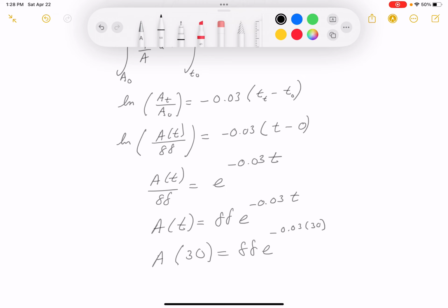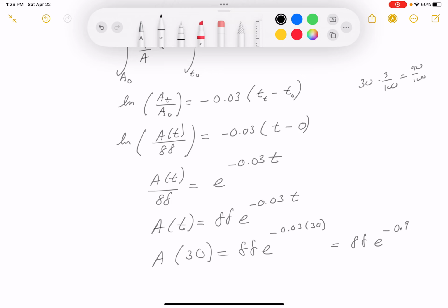If you do this on a calculator, actually, I guess I could do that multiplication, right? So let's write that down. So 30 times 3 100ths is going to be 90 over 100, which is 0.9. So maybe I should do that. Might make it easier to plug into a calculator. This is going to be 88 E to the minus 0.9.